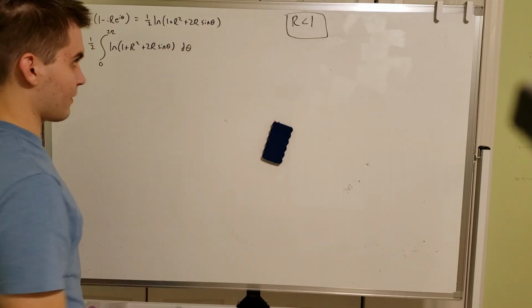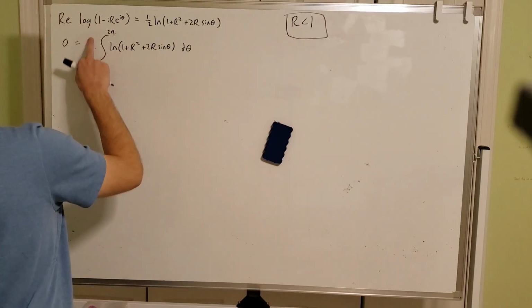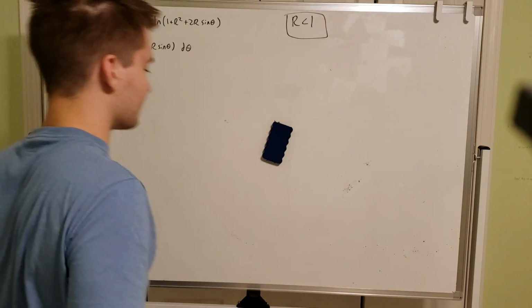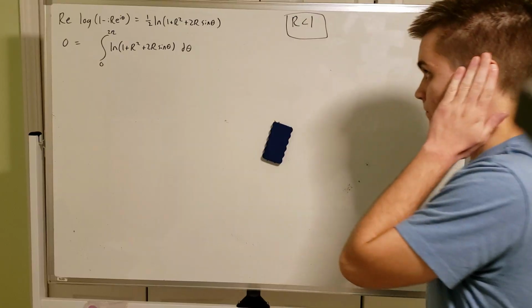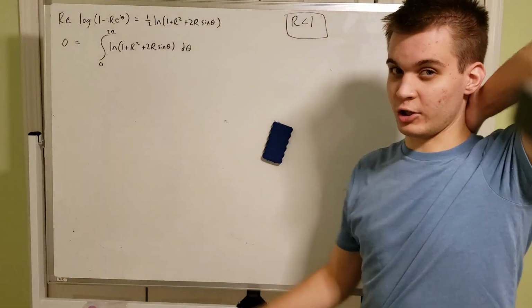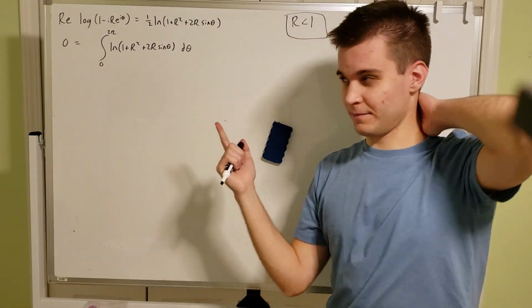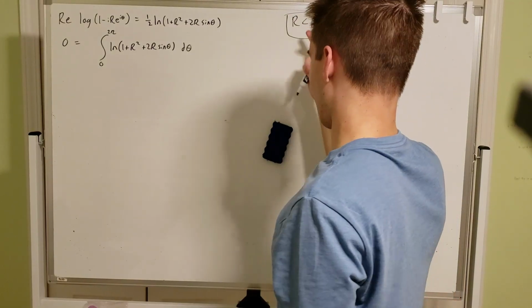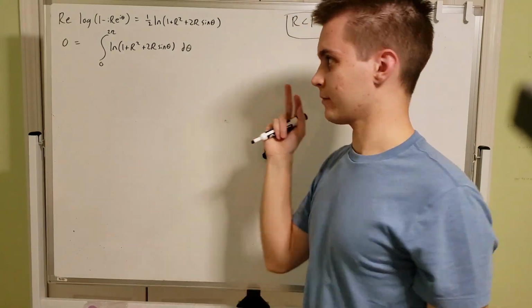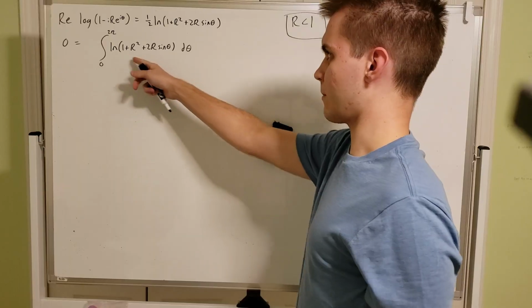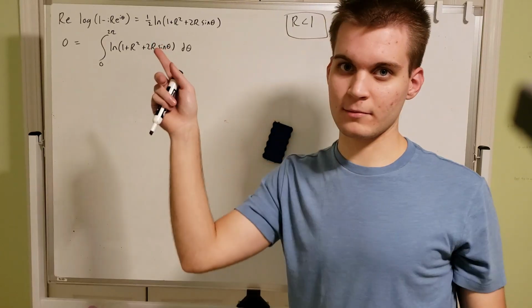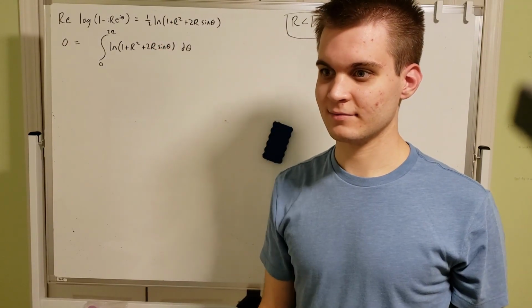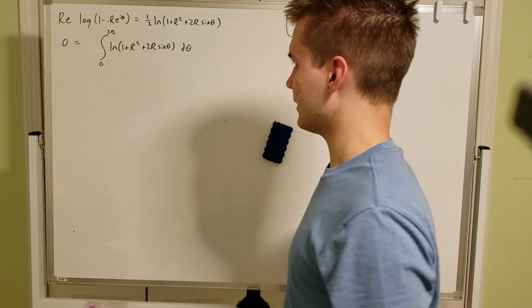And I hope you know 1/2 isn't 0, so I'll make this go away. Yeah, this should already be sort of interesting to you, just because r can be anything less than 1, but somehow anything of this form will always integrate to 0. It's kind of neat, right?